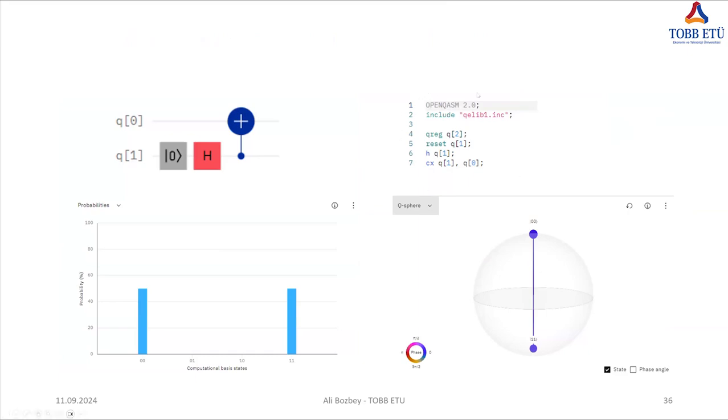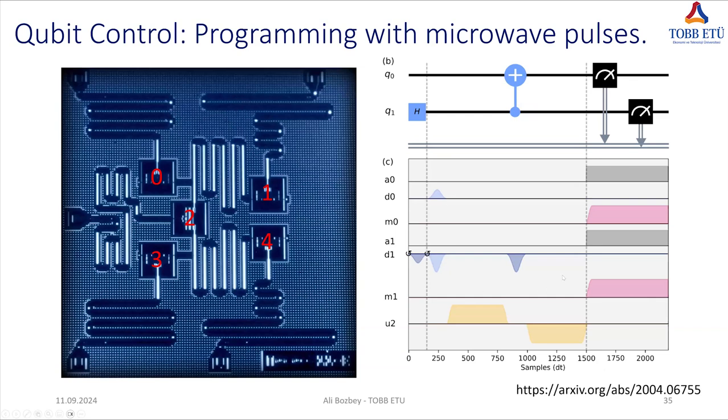When you write this code, it knows that there is a Hadamard gate and a CX gate here, and the assembler knows which RF pulses should be applied to which qubits with which parameters. So the assembler knows these parameters.